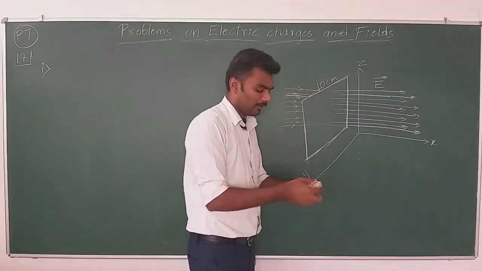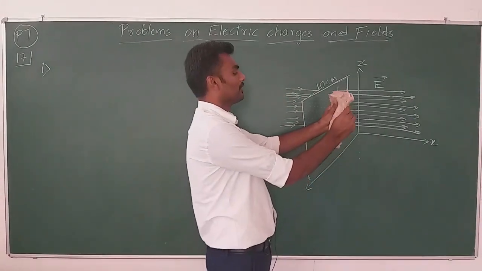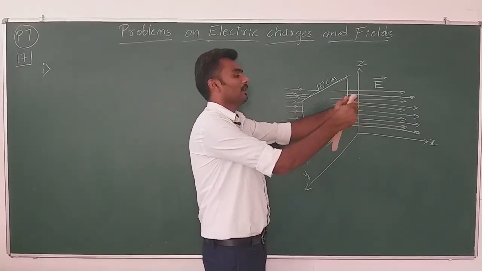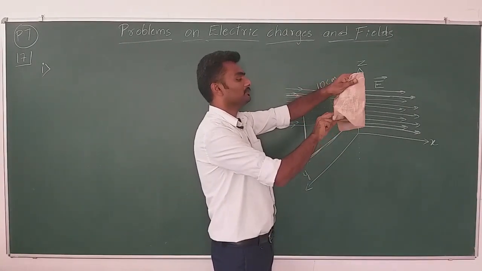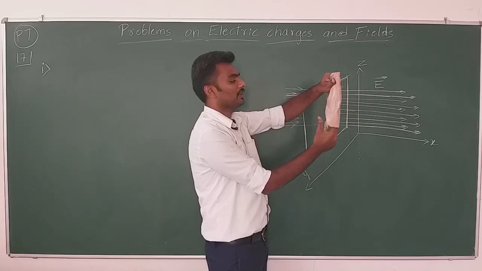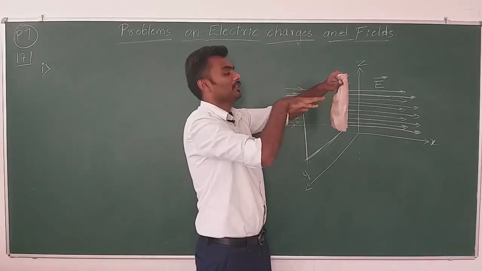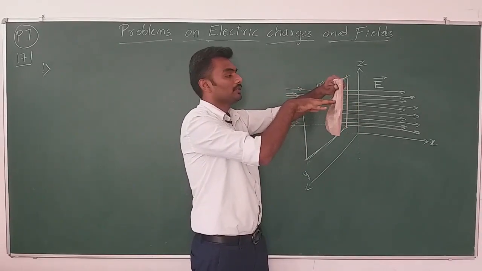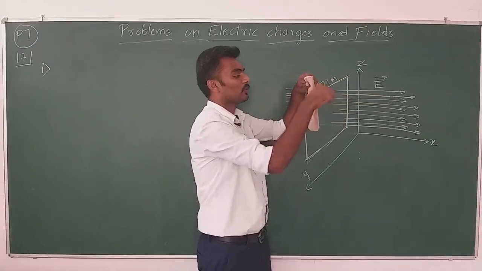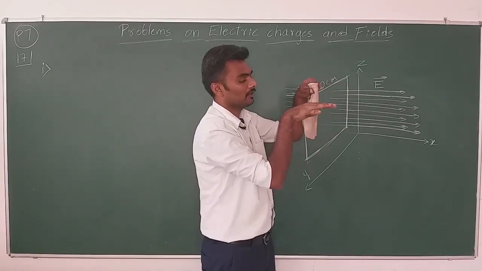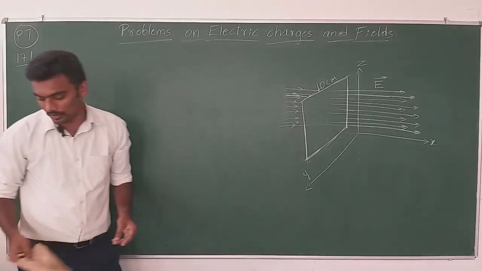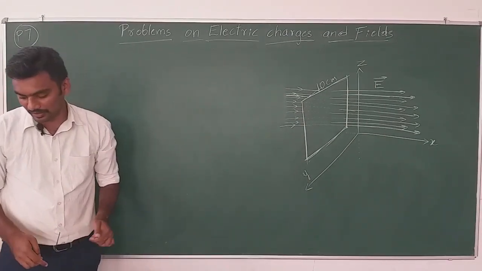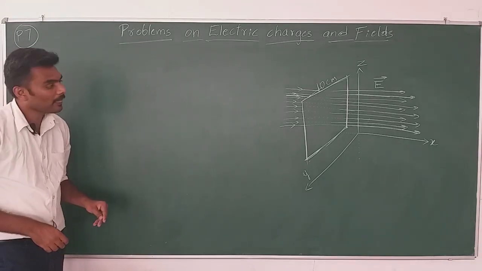Now you can imagine somewhat like this. If you assume this as the square given, then the direction of the electric field is somewhat like this, going through the plane of the square given like this, right? Now the formula for finding the flux is quite easy.